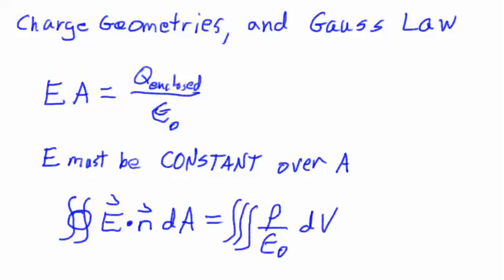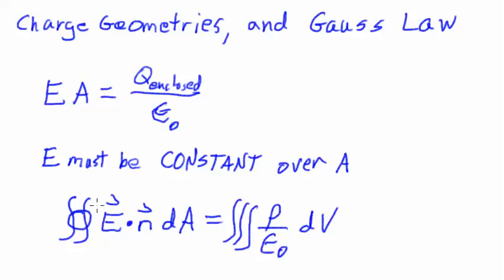If I took that requirement away, the equation would take on a different form containing a lot of calculus symbols. Here we have the closed surface integral of the dot product of the electric field E and the normal vector n with a differential surface element dA is equal to the volume integral of the charge density over epsilon naught.